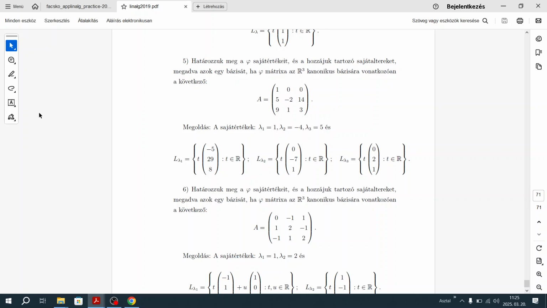It's R burden. And this has 3 eigenvalues.